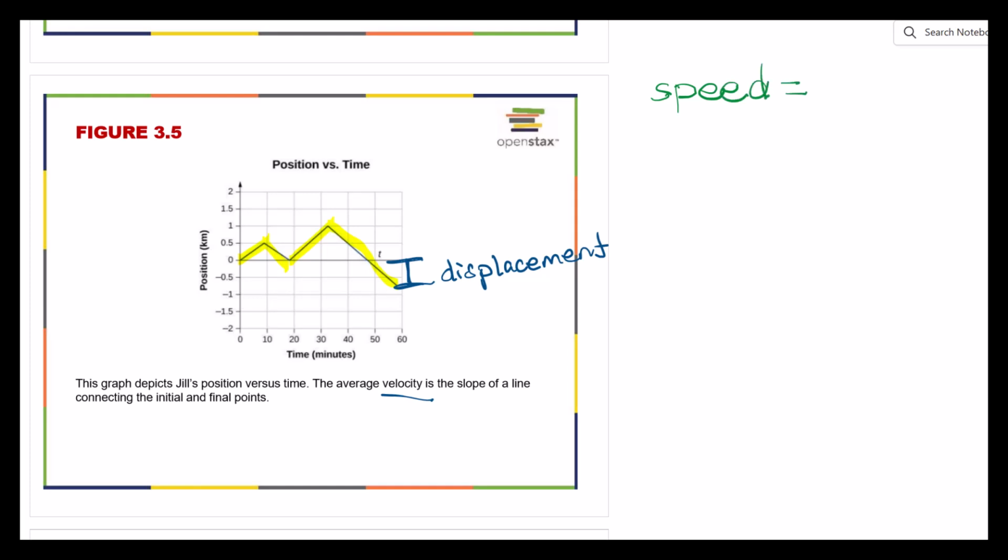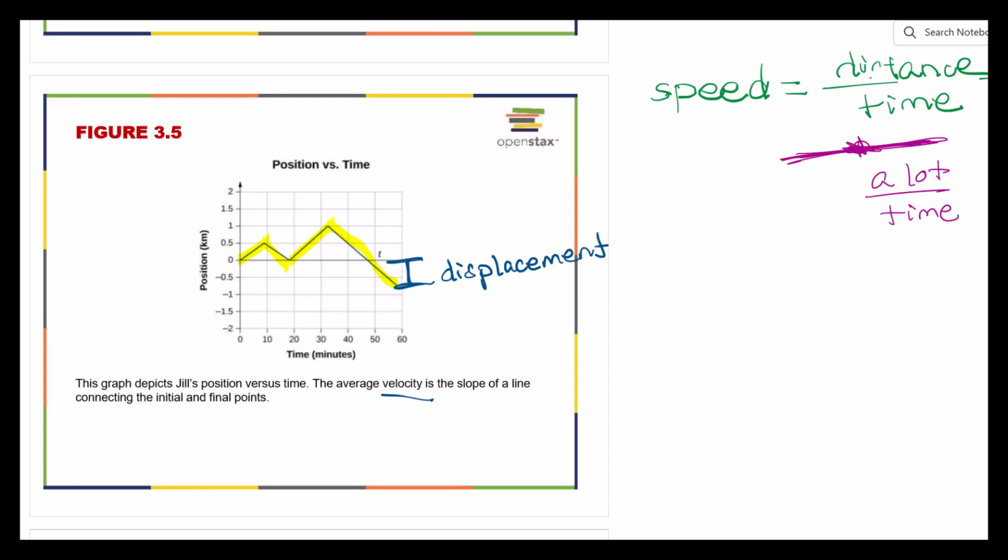Speed is distance over time, right? So if speed is distance over time, that would be all the distances, so like a lot, over the time.